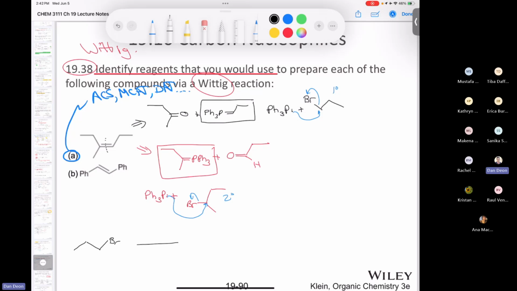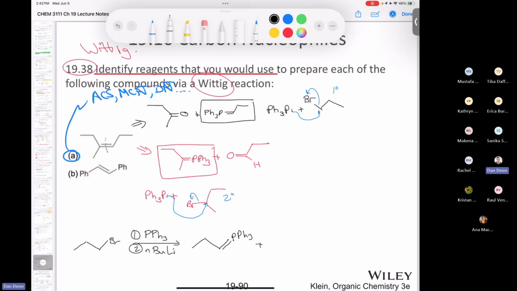The first thing we're going to do is treat that with triphenylphosphine. Then you need to treat it with a strong base. Now the base we use is n-butyllithium, okay? It's a very strong base and it abstracts the proton from the salt to give you the ylide. In this case, they drew the ylene, so that's what I'm going to draw. So we get our ylene that looks like this.